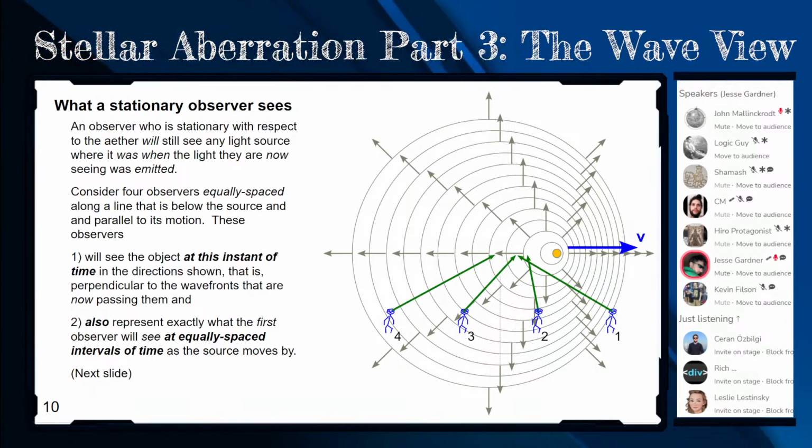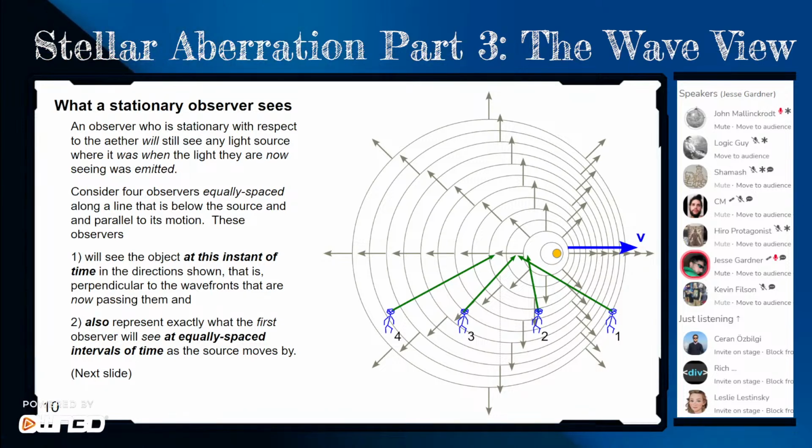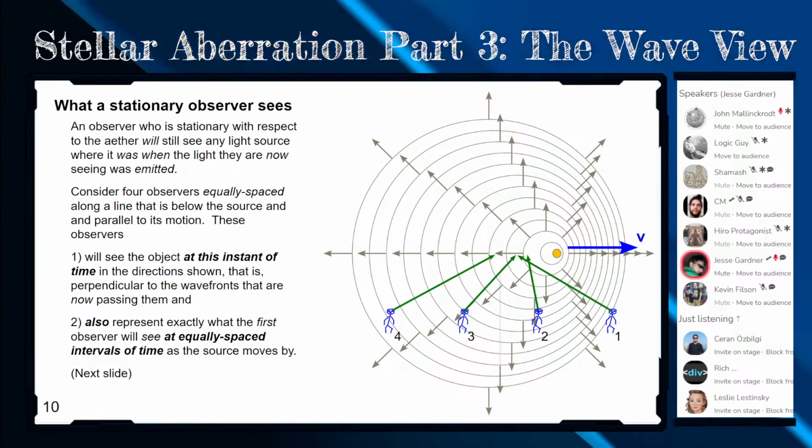But now let's think about bullet point two, because these observers also represent what observer one will be seeing at equally spaced later intervals of time. Because if I wait a little bit longer, this whole pattern will be repeated to the right.